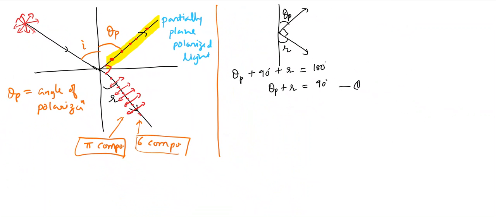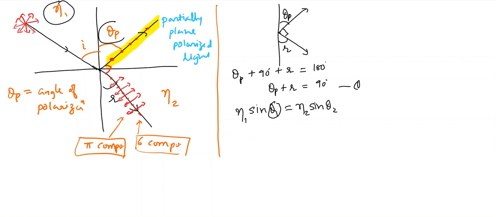So now if I apply Snell's law, let us consider that the medium here has refractive index eta 1, and the medium here has refractive index eta 2. So can I say, according to Snell's law, eta 1 sine theta 1 is equal to eta 2 sine theta 2, right? And then considering the outer medium eta 1 to be 1, and theta 1, since we want polarization, I consider theta p.